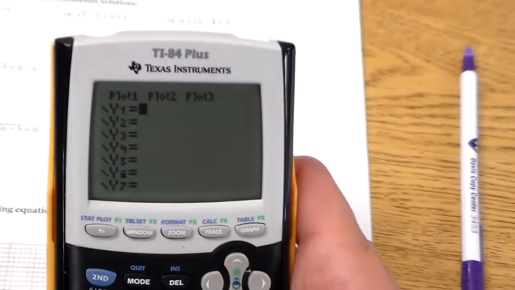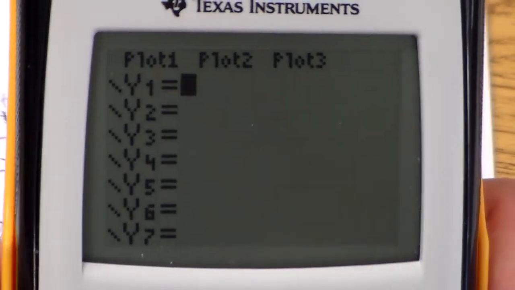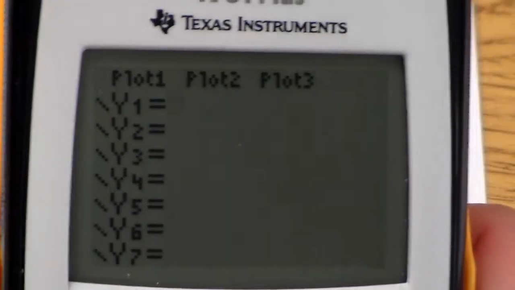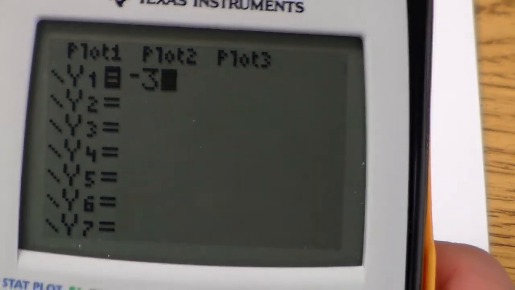Here we go. So get out your calculator there. Zooming in. That's it. Okay, there we go. So we have a -3, and then we have the math button.